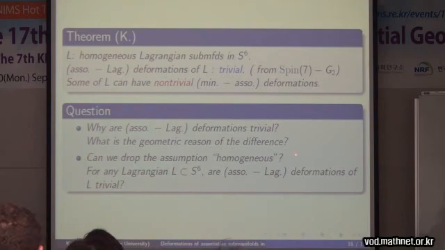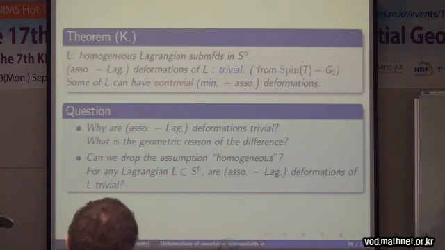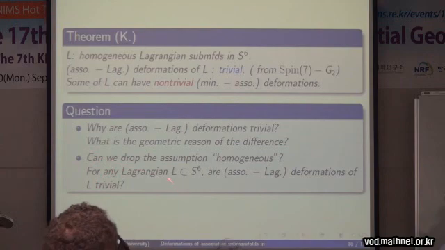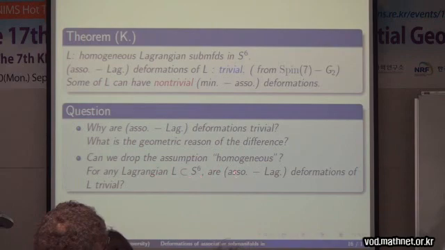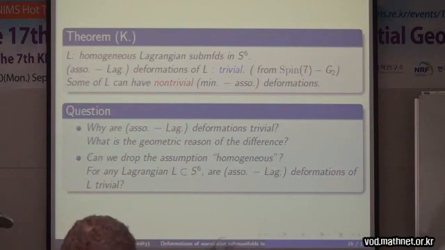And if we find some reason for this, then next we want to consider, can we drop the assumption of homogeneous? Namely, for any Lagrangian L in S6, are associative and non-Lagrangian deformations of L trivial? These questions we want to consider next. So I will finish my talk. Thank you very much.